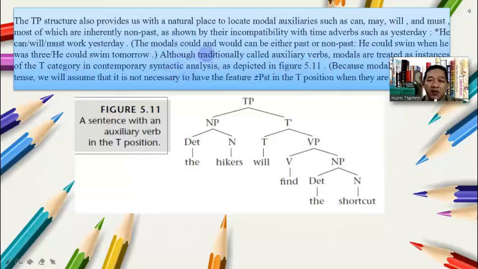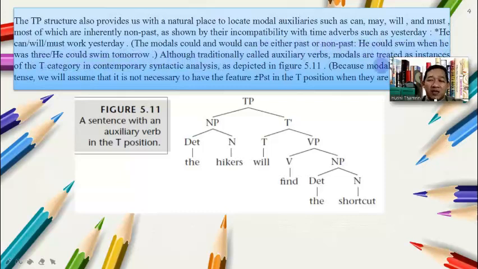The modals could and would can be either past or non-past. Di sini bisa dikatakan, tadi dari can menjadi could, would, itu bisa berarti dalam bentuk past situation atau bukan. Take for example, he could swim when he was 3, he could swim tomorrow.